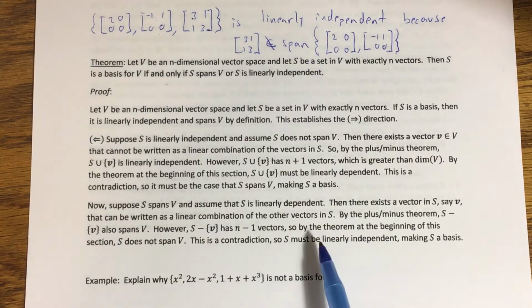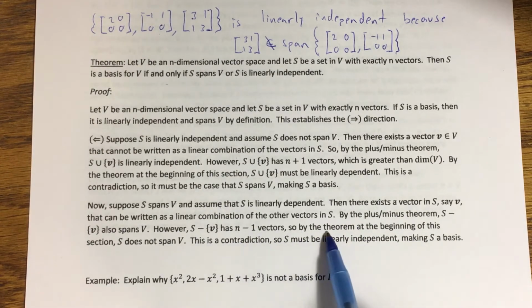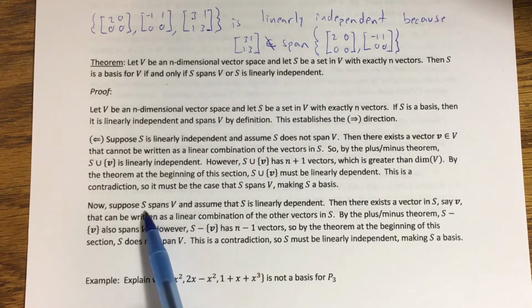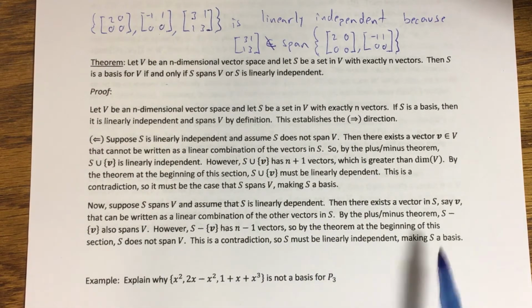And again, using that theorem that we talked about at the very beginning of this section, that's going to imply that this new set can't span V. That's where the contradiction comes in, because our assumption here was that S does span V. So, like we said, we were looking for a contradiction. We found one, therefore S must be linearly independent, making S a basis.